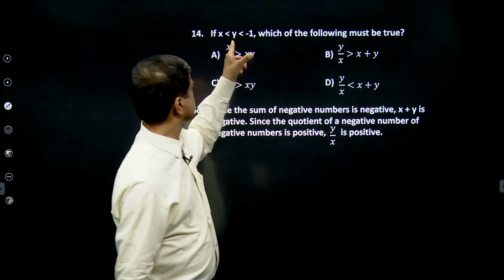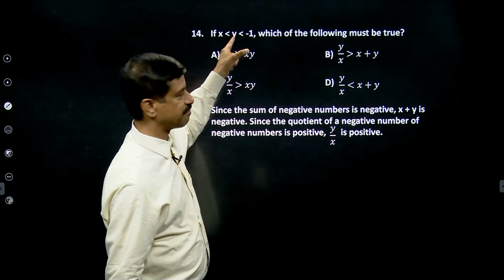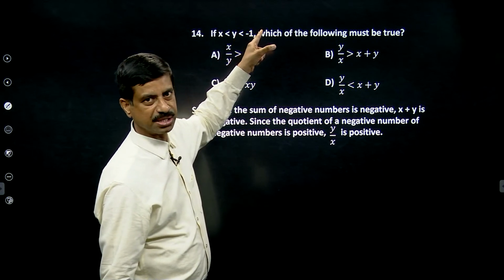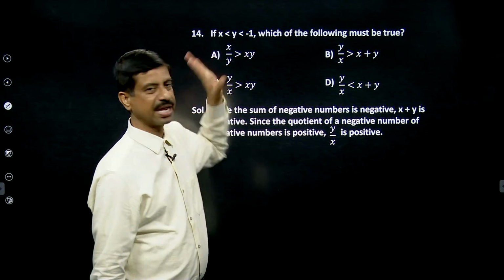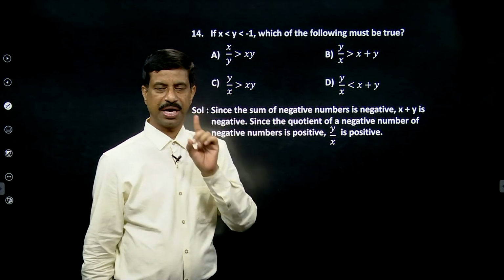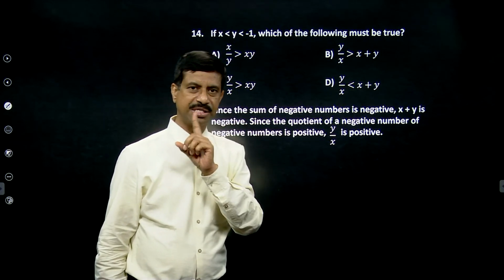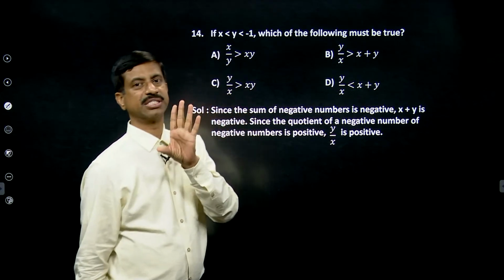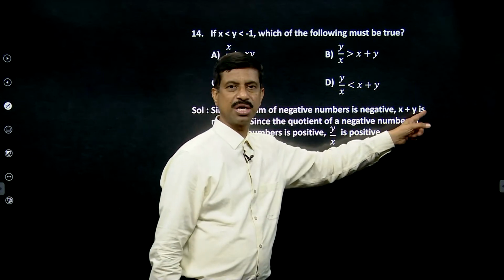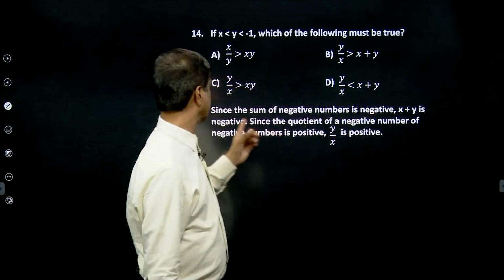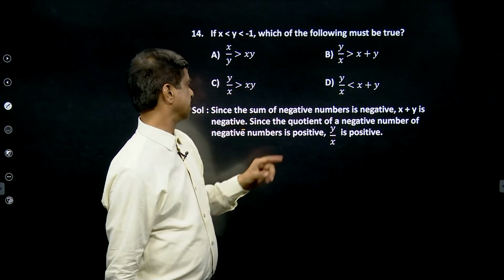Since x is less than y is less than minus 1, both x and y should be negative, correct or not? X is less than minus 1, y is less than minus 1, means both x and y are negative. The sum of two negative numbers is what? Negative only. So x plus y is always negative.